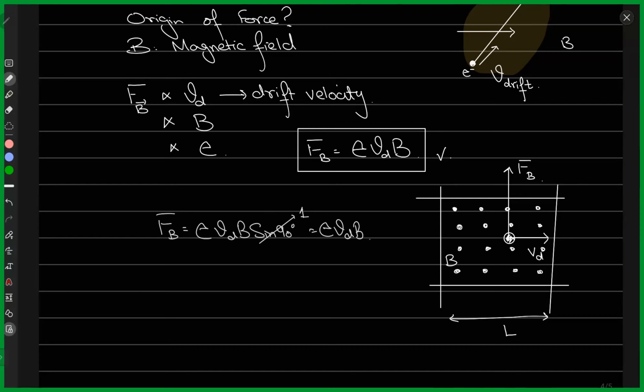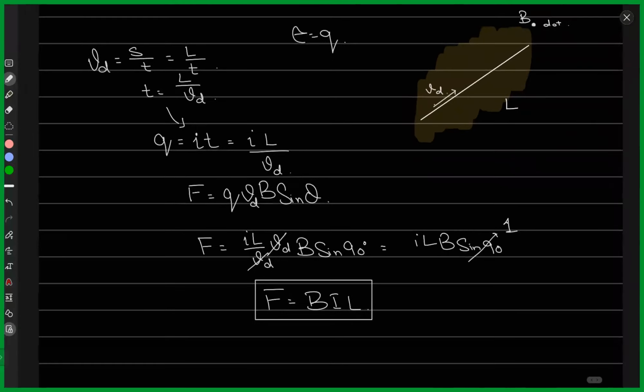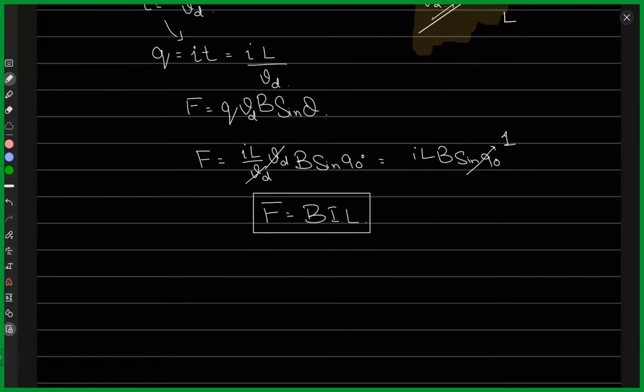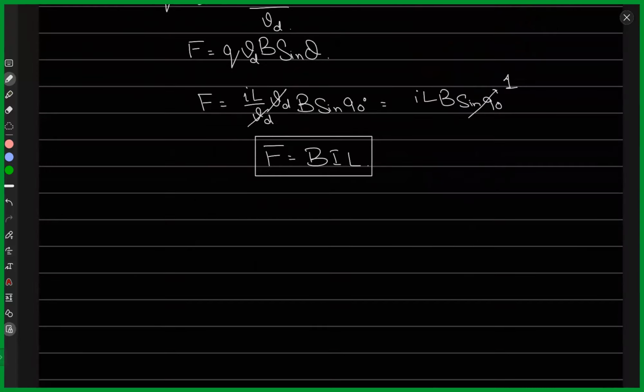But the idea of writing this sine 90 in this part was just to let you recall that the direction of the magnetic field and the direction of the motion of the electrons are always perpendicular to each other. Right? Okay.